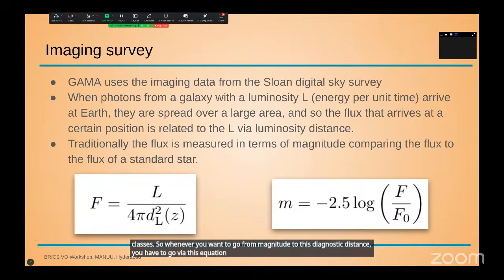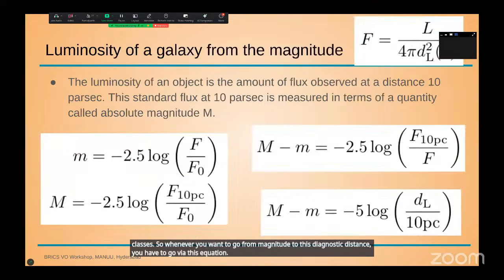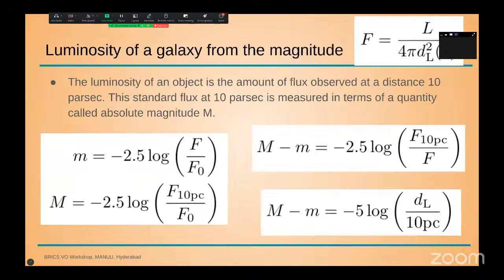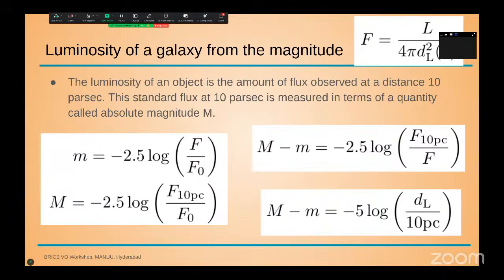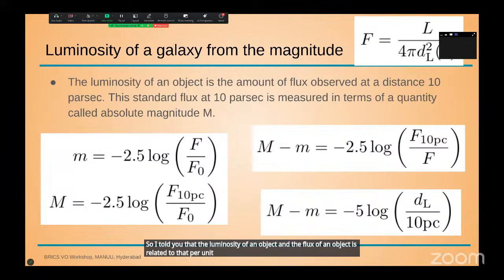Now, how do you get the luminosity of a galaxy from the magnitude? So let's try to work that through. So this is the flux formula which is written on top, L divided by 4 pi d_L square. So I told you that the luminosity of an object and the flux of an object is related per unit time per unit area, right?